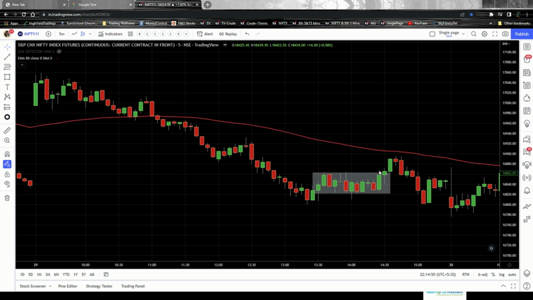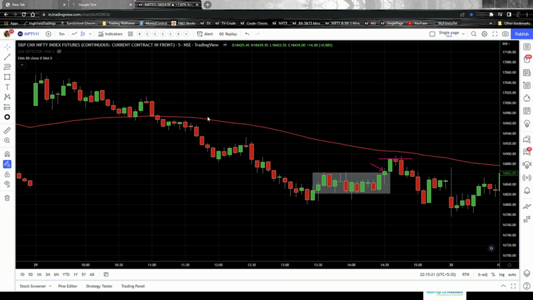Because when this particular breakout happened here, obviously, you will not take up a trade at the ending of this or at the closure of this candle, right? You have to always wait for another candle to see if it is actually a good breakout or not. So the next candle was also a green candle. So if you are a price action trader, you would have actually initiated a buy trade after the closure of this 2:45 p.m. candle, right?